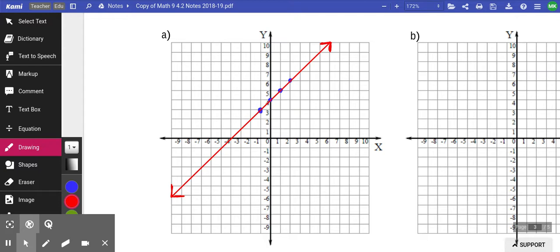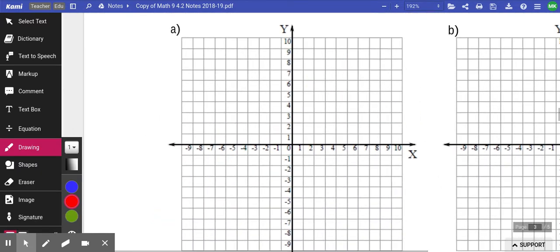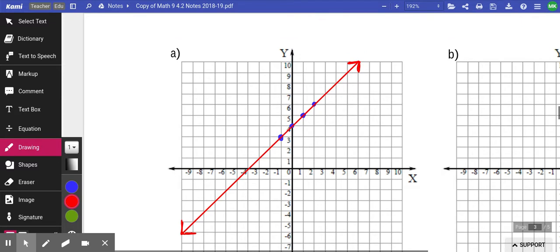Those blue dots that we have came from me getting my input values and my output values. The red line came from me connecting the dots. That red line represents the equation that created those dots, which I believe was x plus 4. That line is that equation.